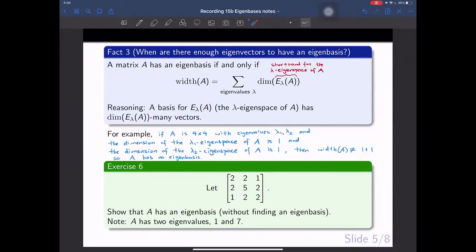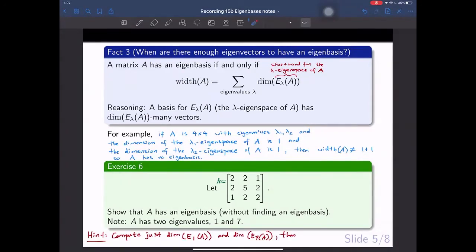In this exercise, let's try to show that this matrix has an eigenbasis without actually finding one. And here I will tell you that A has exactly 2 eigenvalues, 1 and 7. Let me give you a hint.